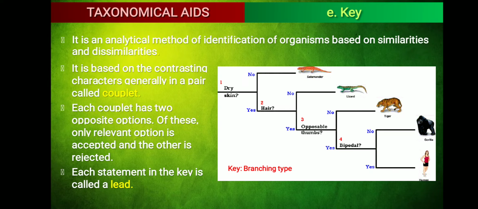It is based on contrasting characters, generally in a pair called a couplet. Each couplet has two opposite options. Of these, only the relevant option is accepted and the other is rejected. Each statement in the key is called a lead.